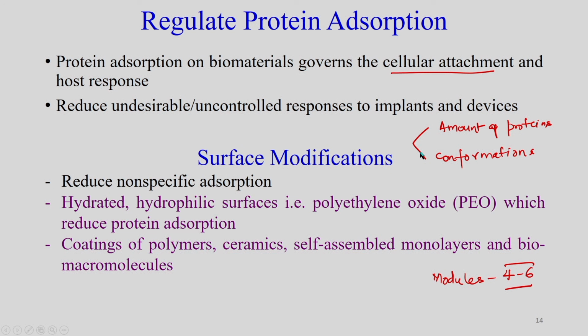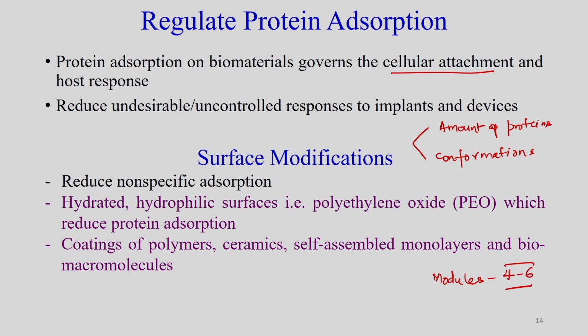Conformation means a change in the secondary structure. So, if a protein has lost its conformation, its intended function is lost, and in that case the desired cell surface interactions will not take place and it may lead to biofouling and failure of the implant.